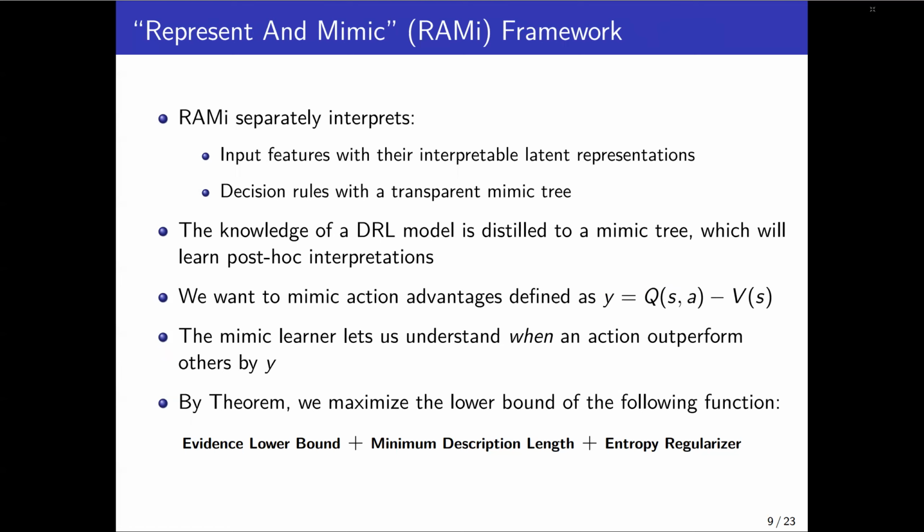The mimic learner will let us understand when an action outperforms others by the amount of Y. And by a theorem proved in the appendix of this paper, to have such a model, which is both speedy and simple, we should maximize the lower bound of the following function, which is the sum of evidence lower bound, minimum description length, and the entropy regularizer.